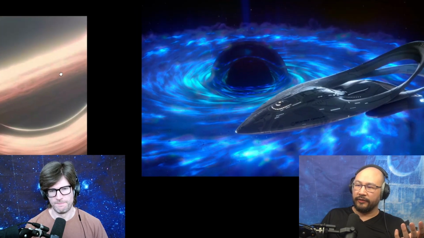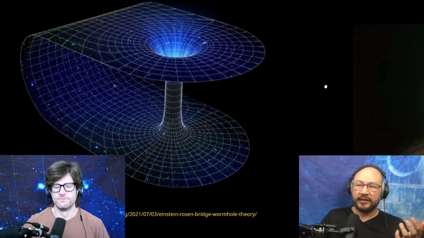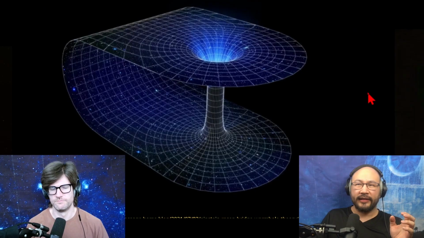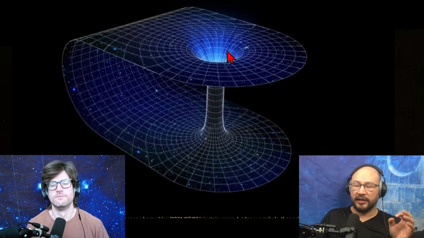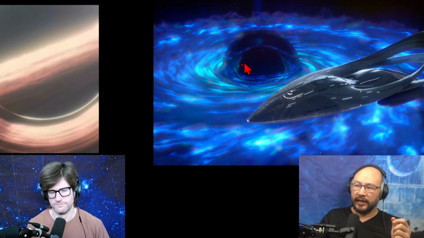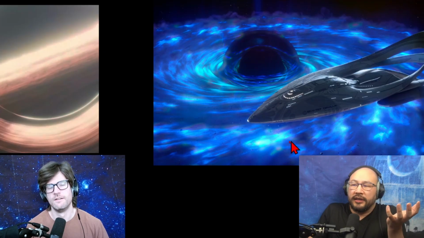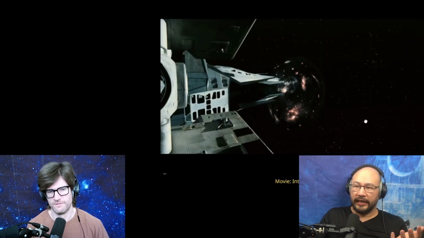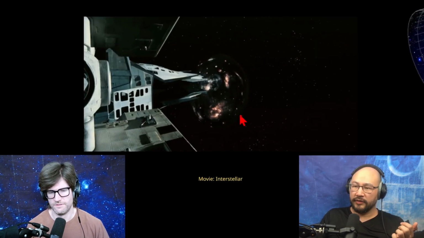But a wormhole doesn't necessarily have to have that gravitational sinkhole that causes particles to spiral in and get hot. You could have a wormhole without this accretion stuff. It doesn't have to have that super gravity. It could just be a hole that exists, and then you get teleported to a different space time.